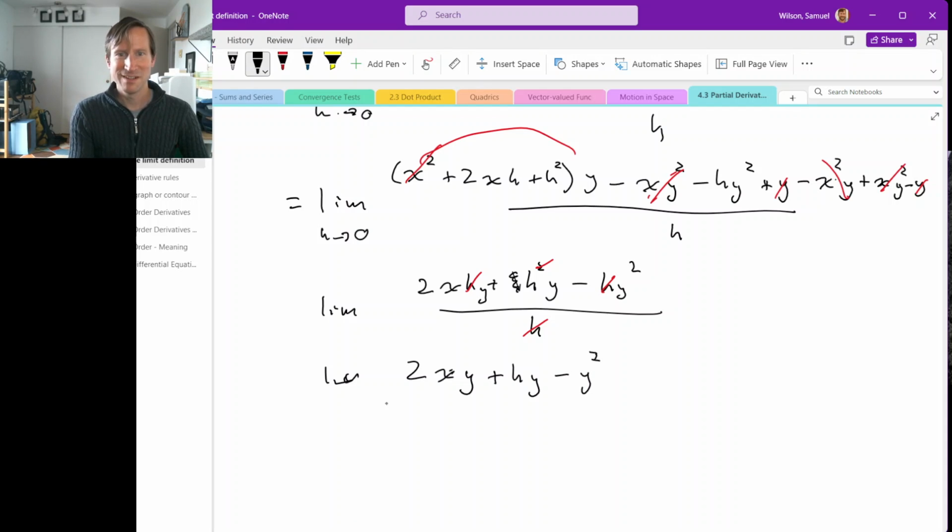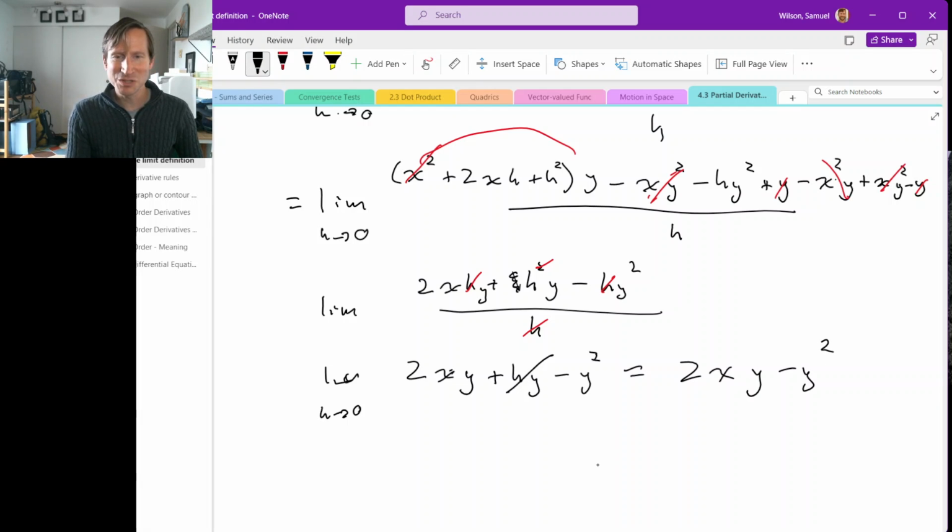And remember, we're taking a limit as h goes to 0. We have to take the limit now. But that limit is just going to kill this middle term. So now we're left with 2xy minus y squared.